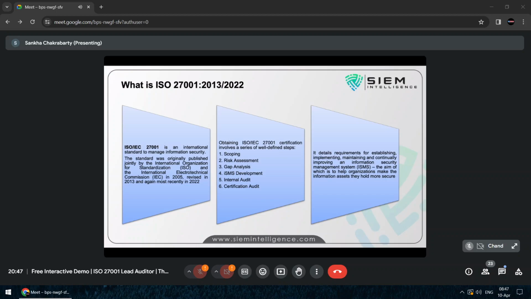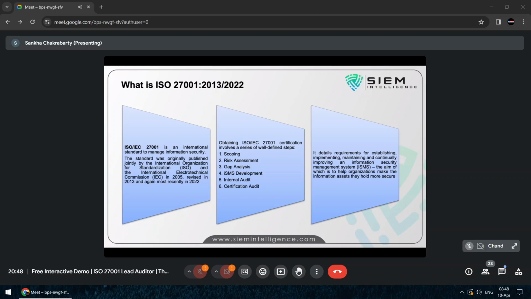First, they need to understand the scope, that is, where they are going to implement the ISO. Let's say I'll give you an example of Infosys, or let's say I'll take a manufacturing client, Godrej. Godrej is a big company in the manufacturing sector. It has its households, its home decor, various aspects of business. Now, when they want to opt for ISO, they first need to understand in which area they want to go for ISO 27001.